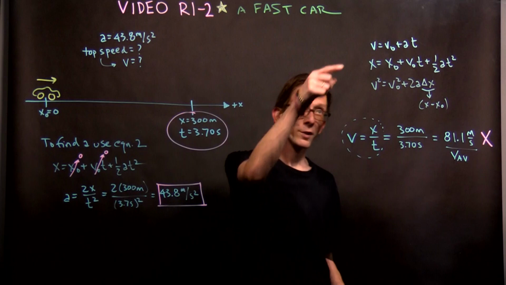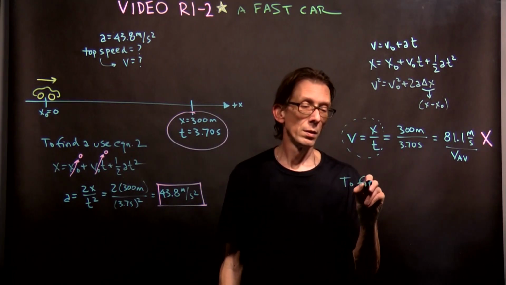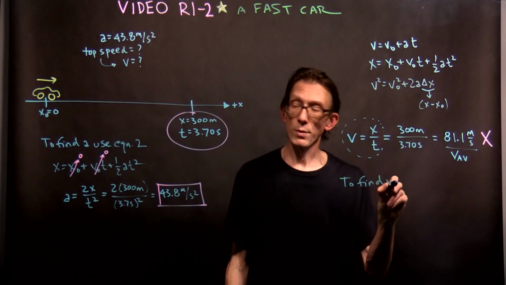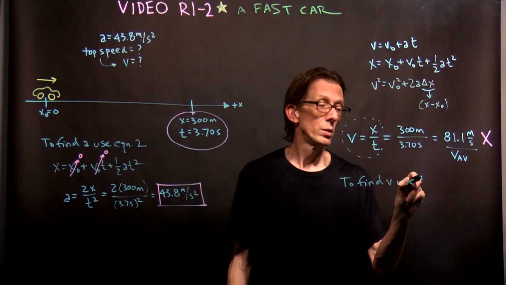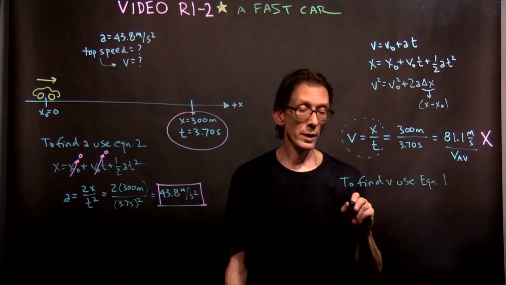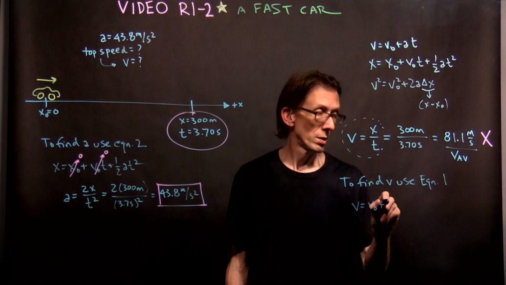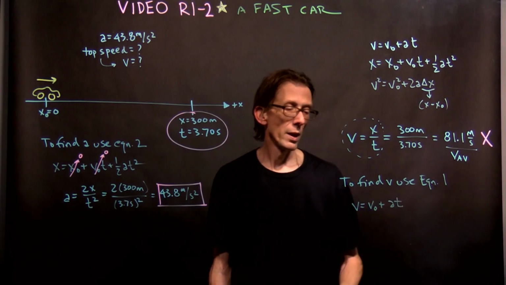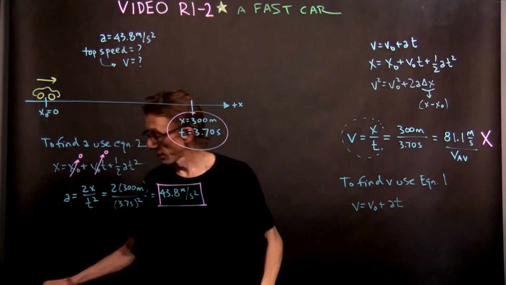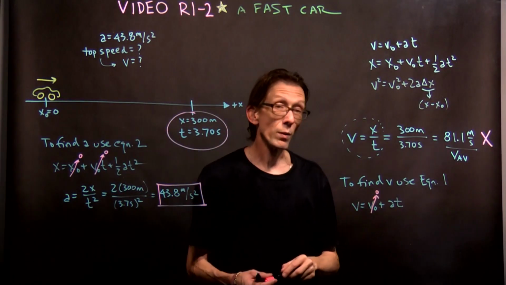And once you have that, you can see to find v, you simply use equation 1. V is v naught plus at. V naught, as you know, is 0.